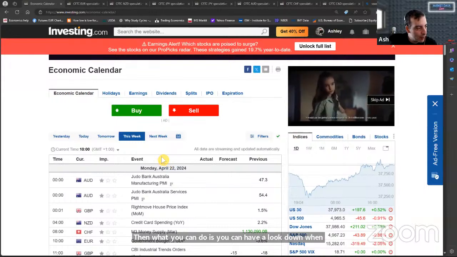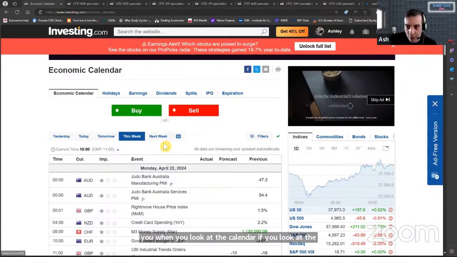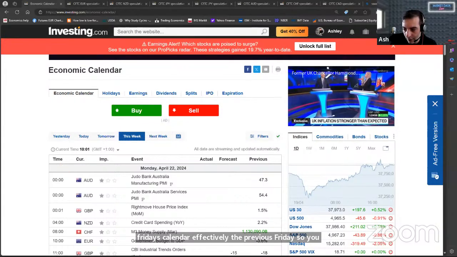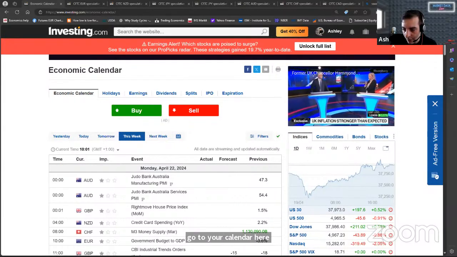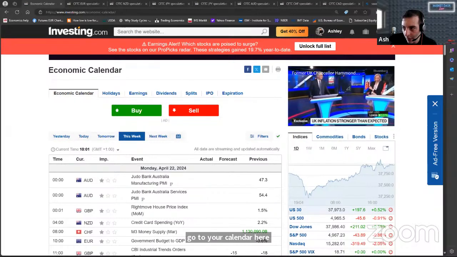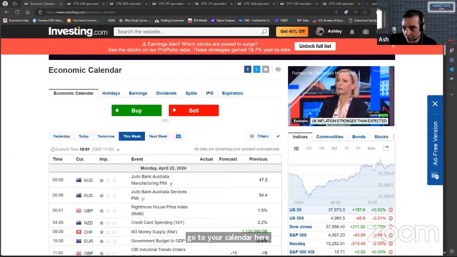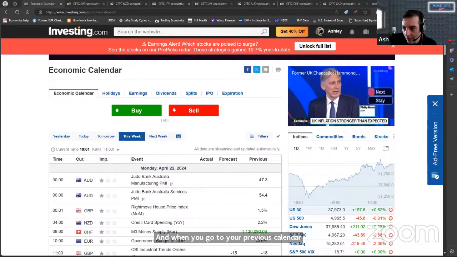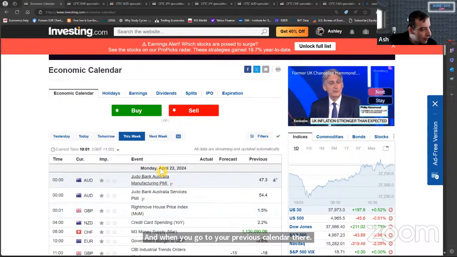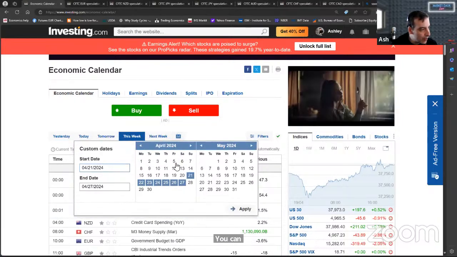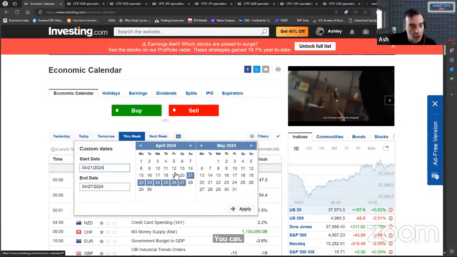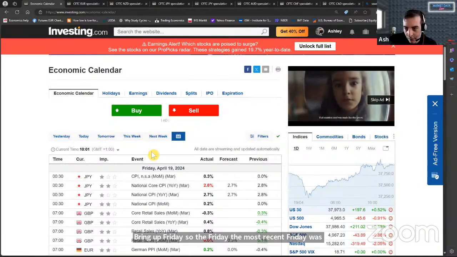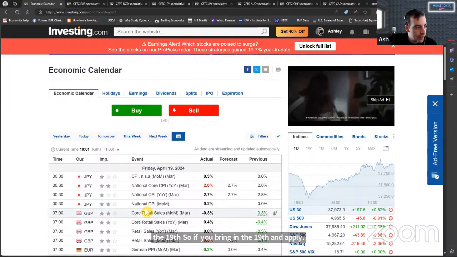If you look at the Friday's calendar, effectively the previous Friday, you go to your previous calendar there and bring up Friday. The most recent Friday was the 19th. So if we bring up the 19th and apply, what we're going to get is the data from Friday.